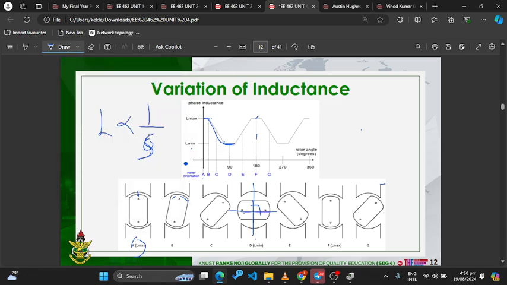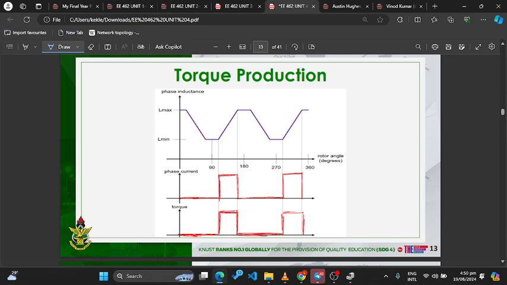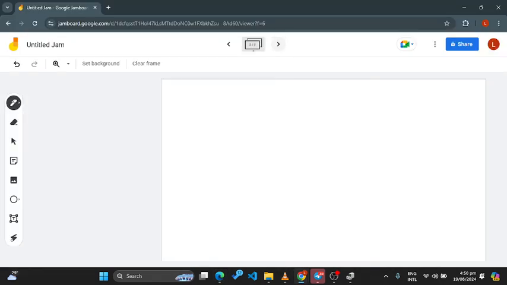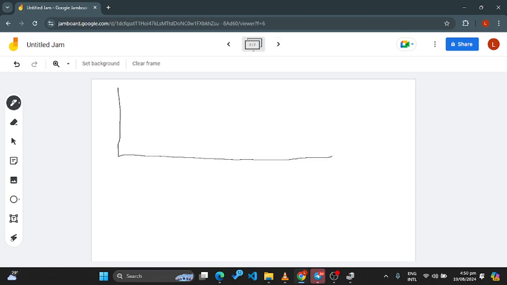Okay, so next slide. Now let's see how torque varies. Let me go back. Now we've drawn the inductance to be like this, right? So this is the maximum inductance, this is the minimum. We said it varies this way.